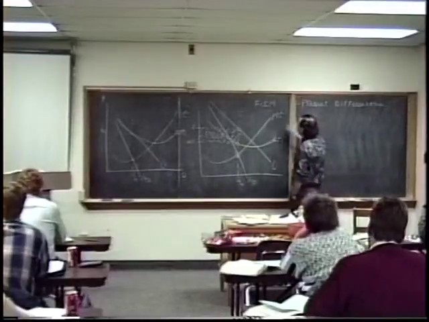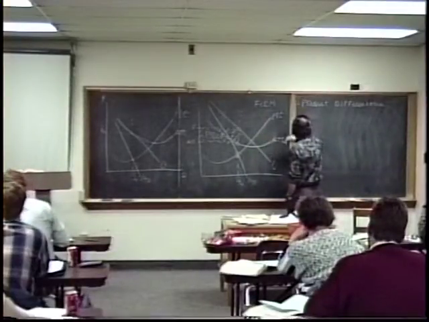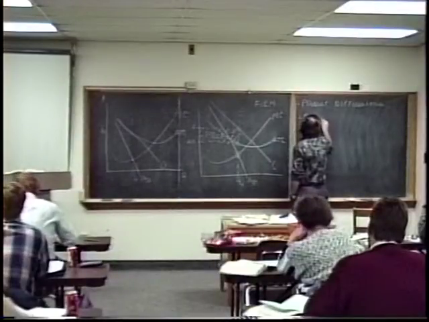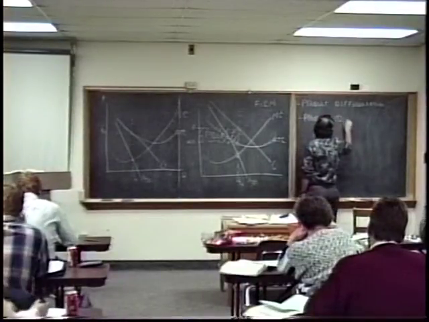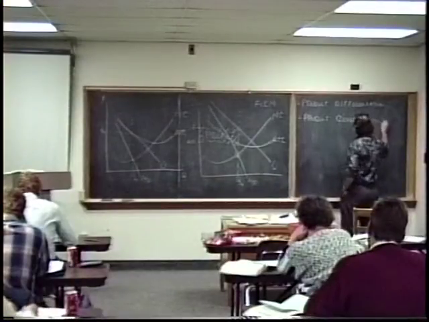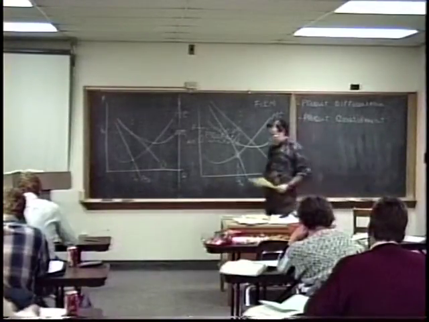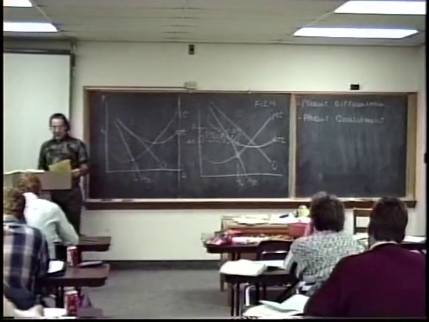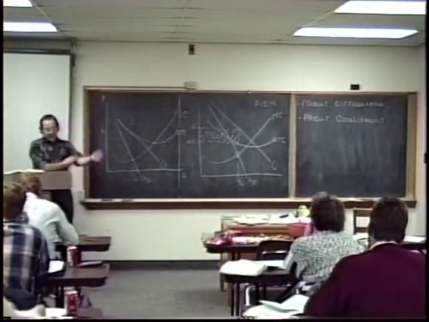The second thing that can lead to monopolistic competition is what's called product development. Product development takes place over time.